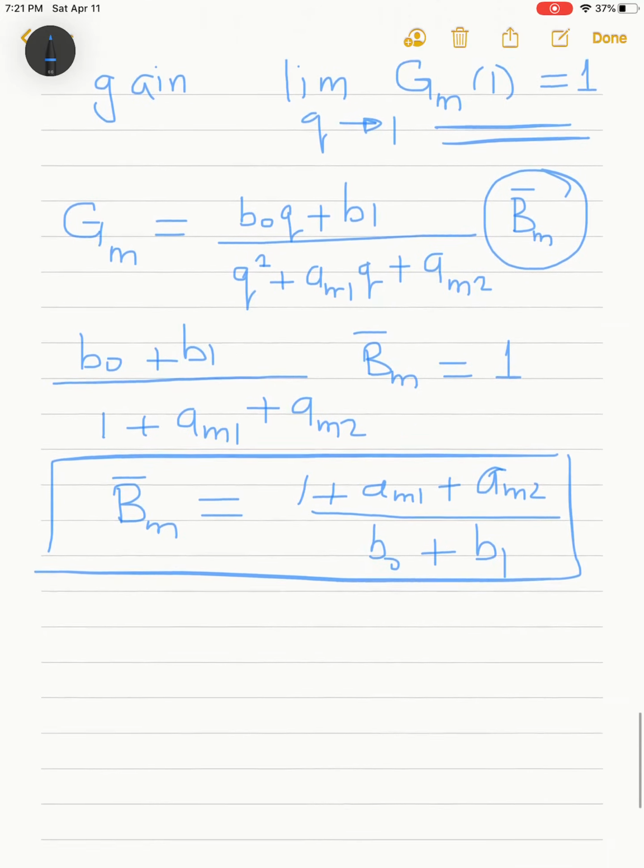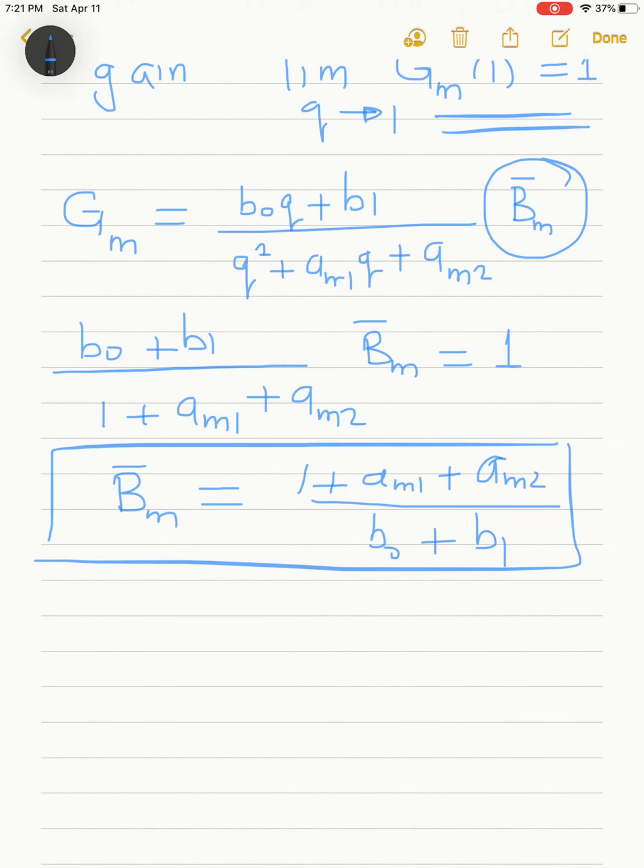Now to continue, we have to solve the Diophantine equation, AR plus BS equals A0 times Am. Remember here R is equal to R dash because B plus was taken equal to 1.